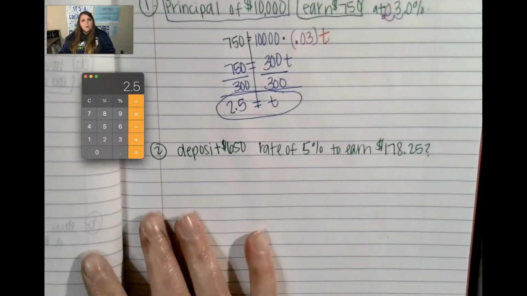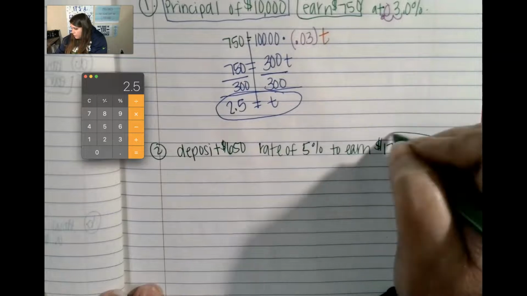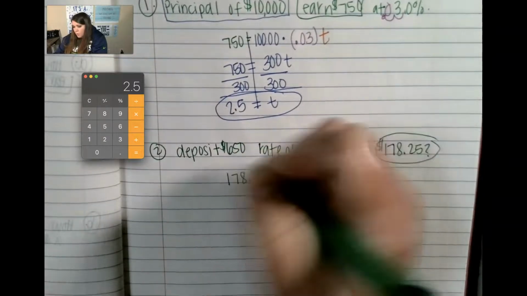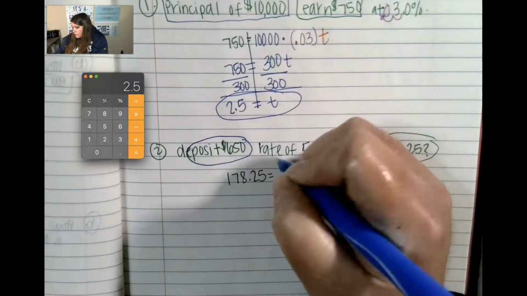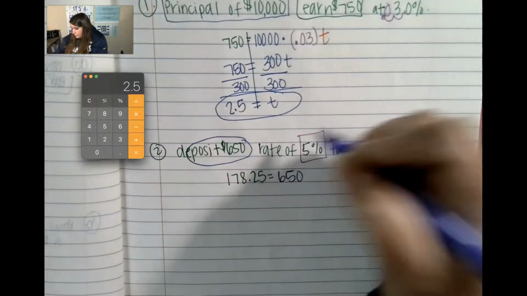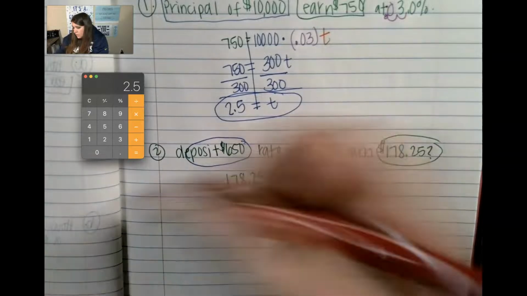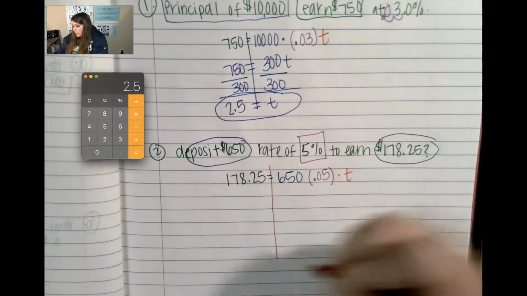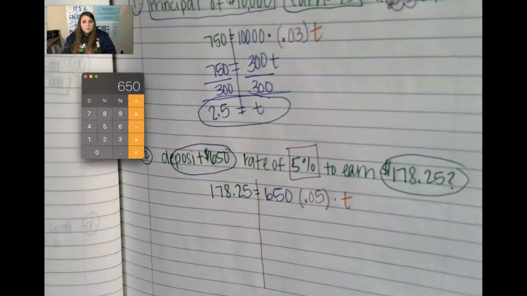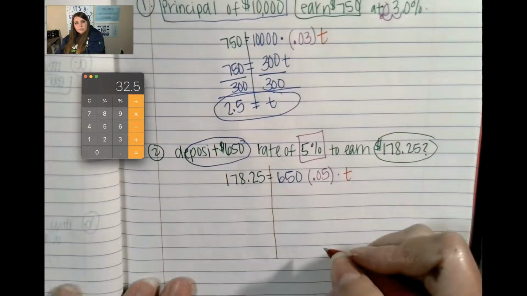All right, now we're ready to look at number 2. On number 2, we have an earning of $178.25. We are depositing $650. We have a rate of 5%. So we're going to multiply that by 0.05. And again, we're still looking for t. So go ahead now and multiply 650 times 0.05, so we can isolate this variable of t.